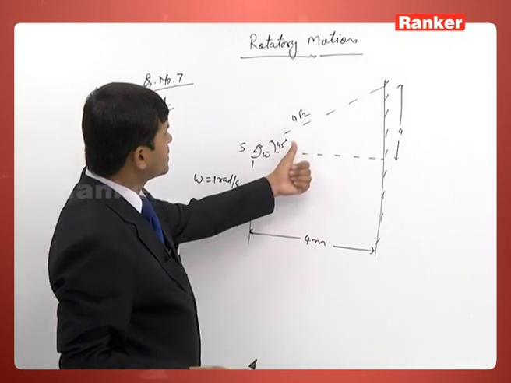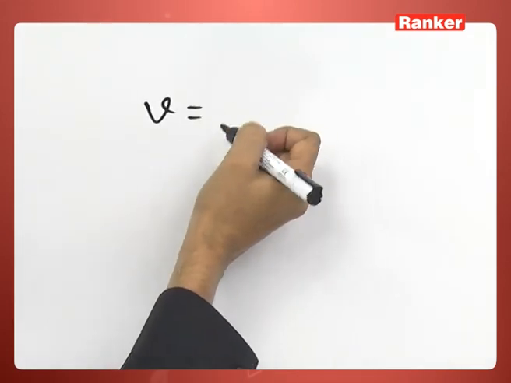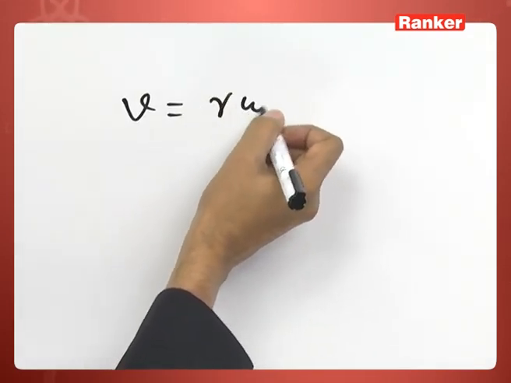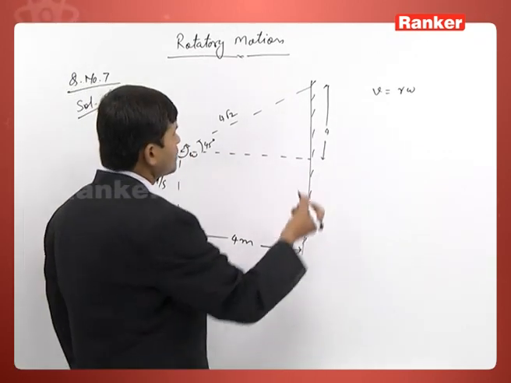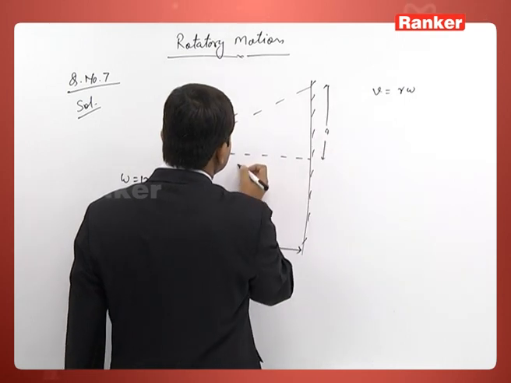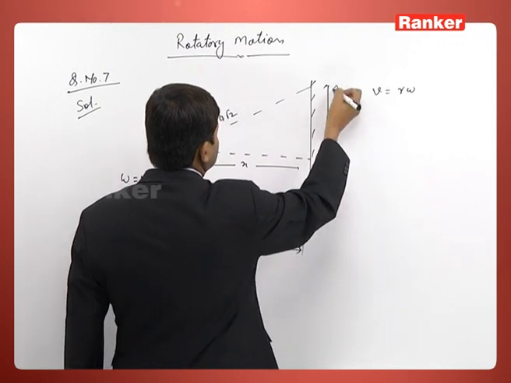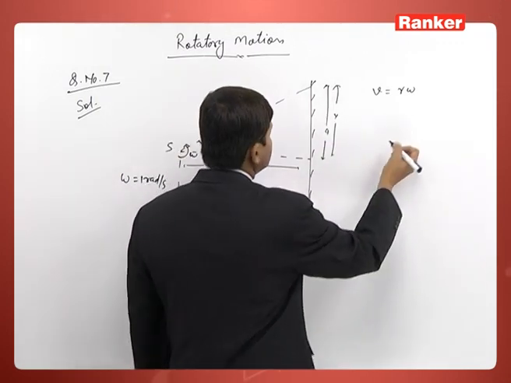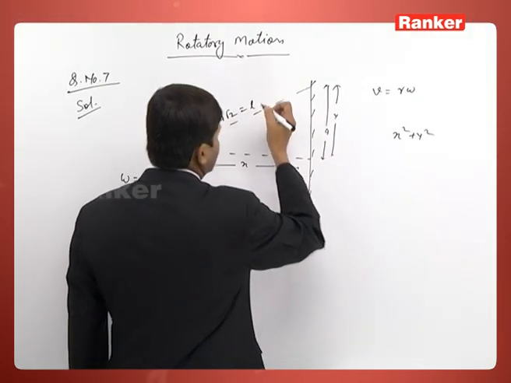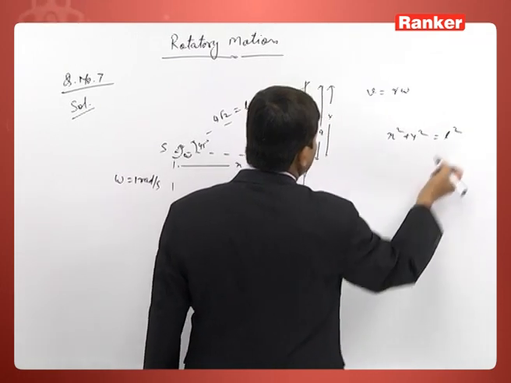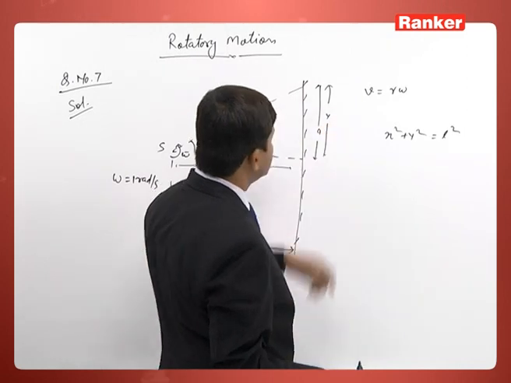Now the velocity of the spot is v equal to r into omega, or we can write one more point here. Let this be x and this be y. As we know, x square plus y square equals L square. So we have to find the value of dy by dt.